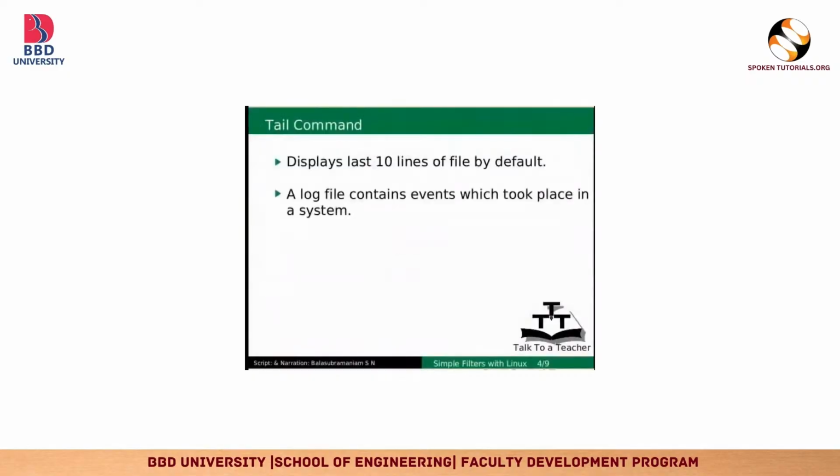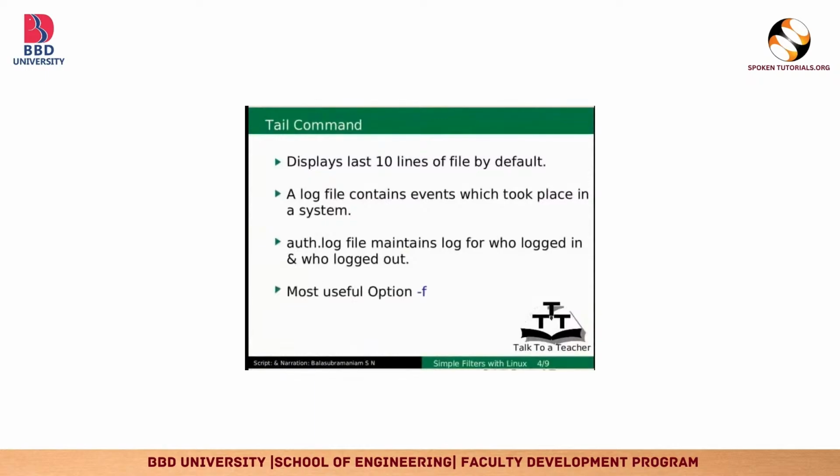A log file contains events which took place in a system. Auth.log file maintains logs for who logged in and who logged out. The most useful option of a tail command is to use -f option to follow the tail of a log file.